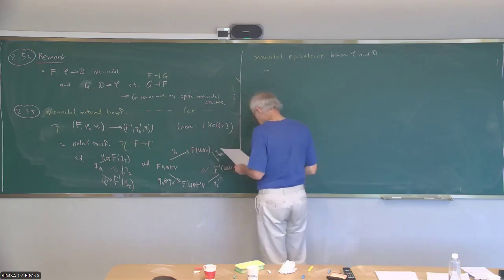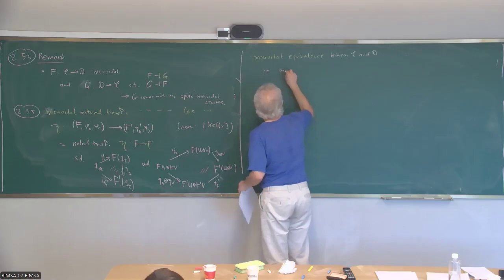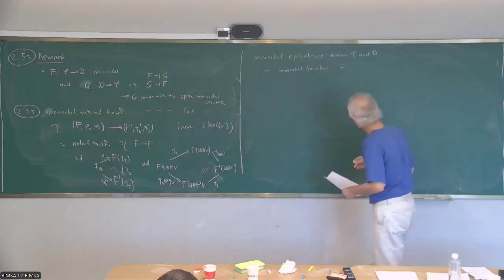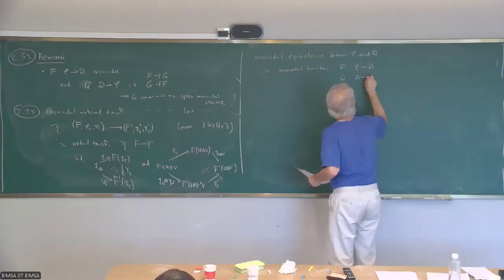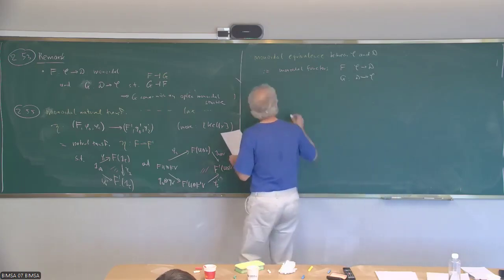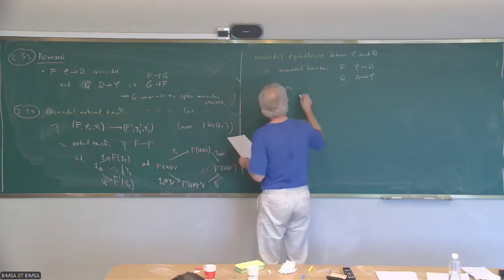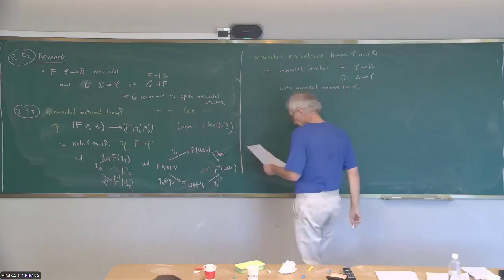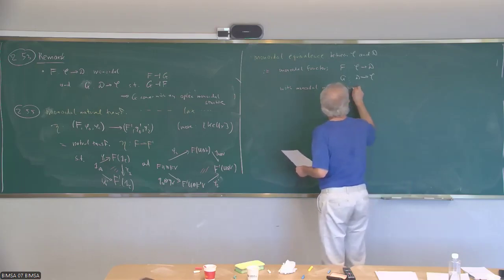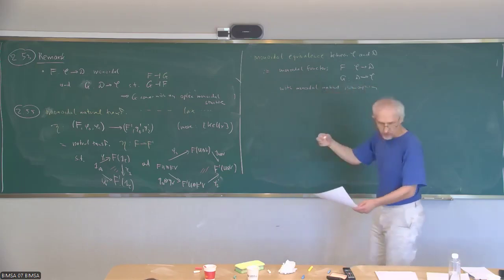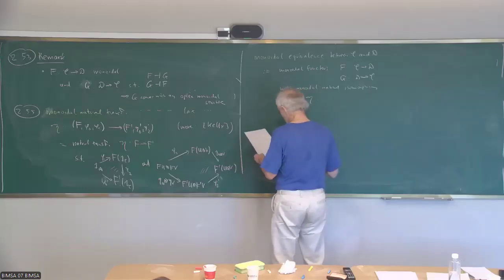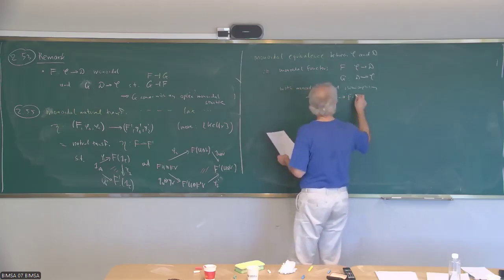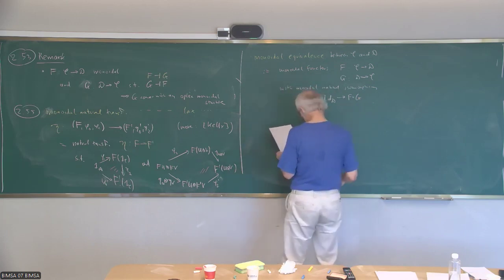This is a pair of monoidal functors F from C to D and G from D to C, and monoidal natural transformations, monoidal natural isomorphisms, which are just as for the unit and counit of an adjunction. One calls them eta and theta sometimes in this.